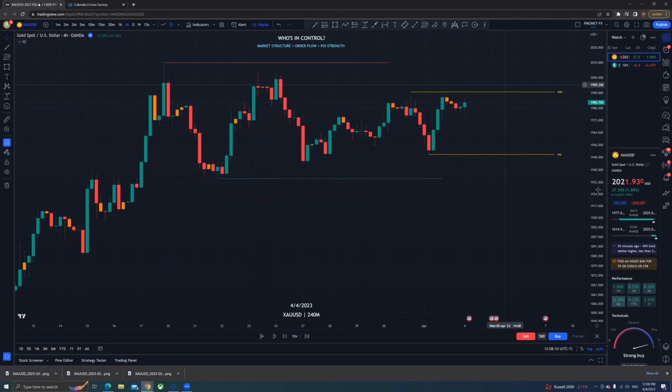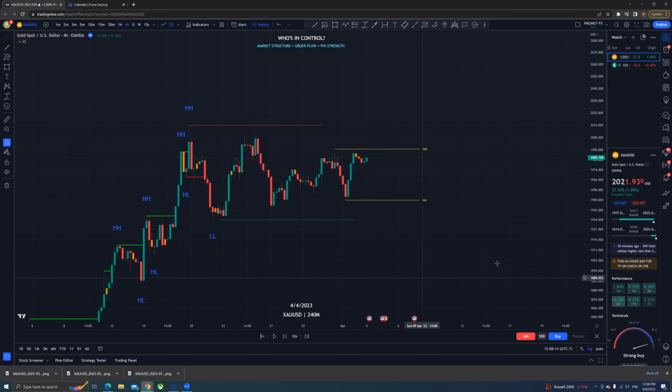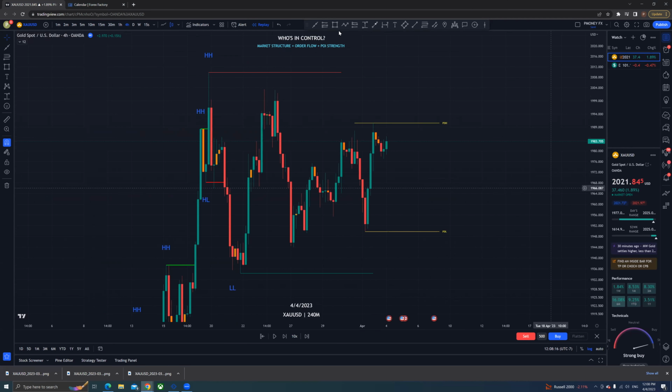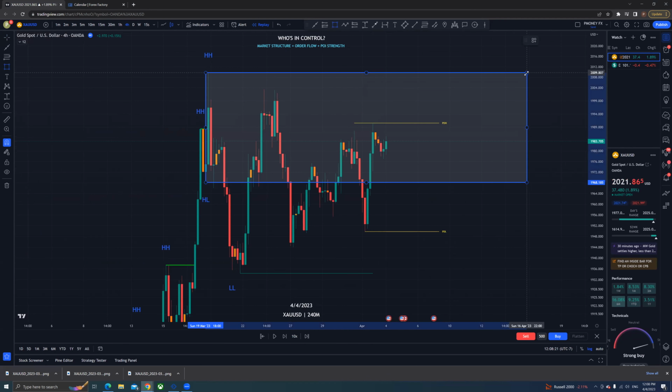So this is the 4 hour. This is a supply zone. And I understand this is 1 touch, 2 touches, 3 touches, 4 touches, correct? Yep. Okay, I understand it's weak.